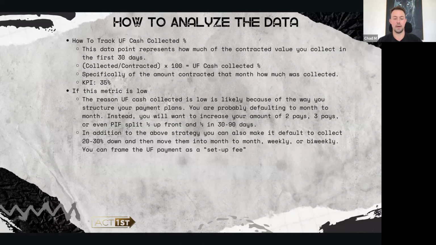You could frame it as, hey, we do have a setup cost, that's why we require 20% down. But with the rest of the payment plan, we can move into month to month, weekly, or bi-weekly. So that's one way to get that 20 to 30%. But you should make it your personal standard to collect that.